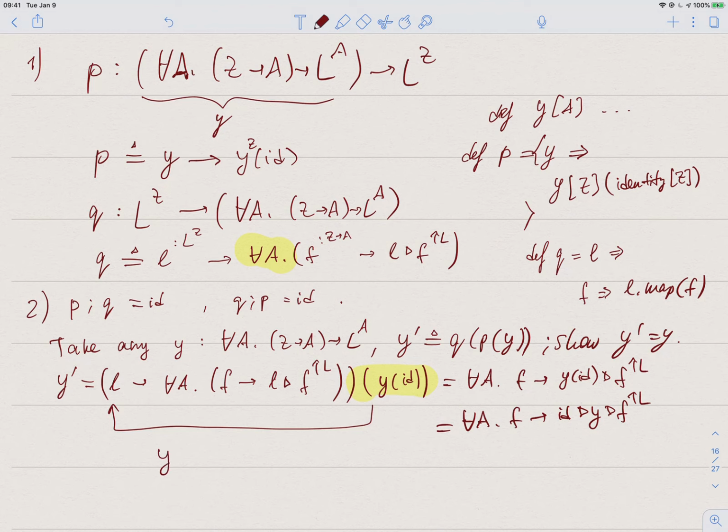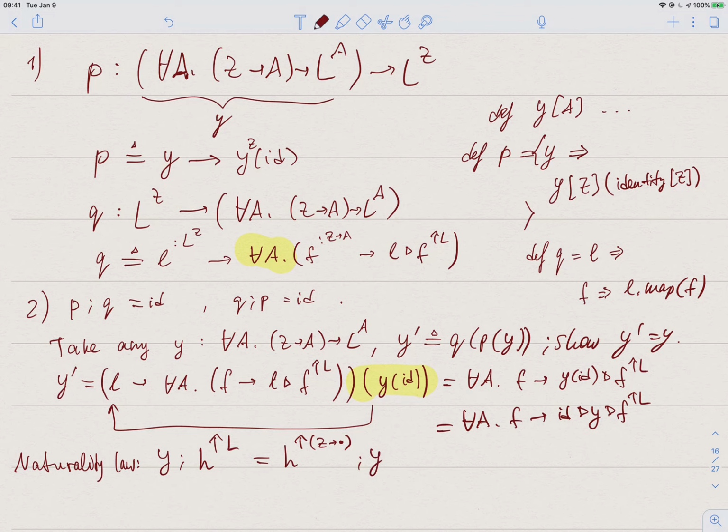Y is a function from a functor Z to A to a functor L of A. So Y and then some function, call it H lifted to L, must be equal to function H lifted to this functor Z to A, which I'll just call like this, functor Z to the type parameter, and then Y.